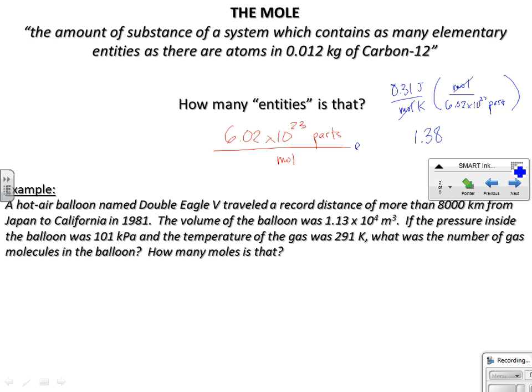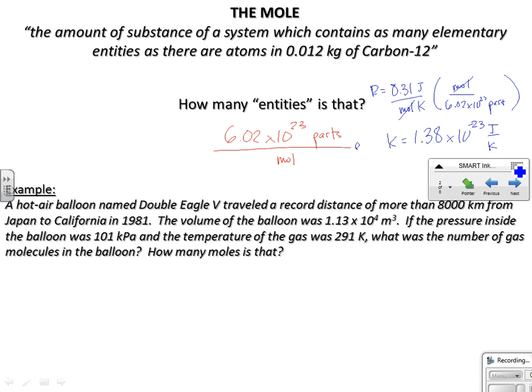You get 1.38 times 10 to the negative 23rd joules per Kelvin. Really joules per particle Kelvin, but a particle is just a thing, not really a unit. So notice this is R and this is K. Same thing, just in different units. Okay?